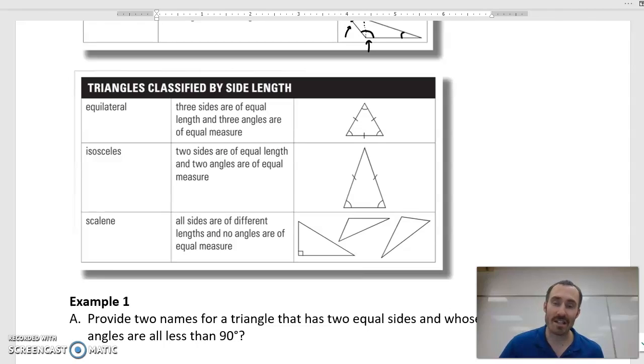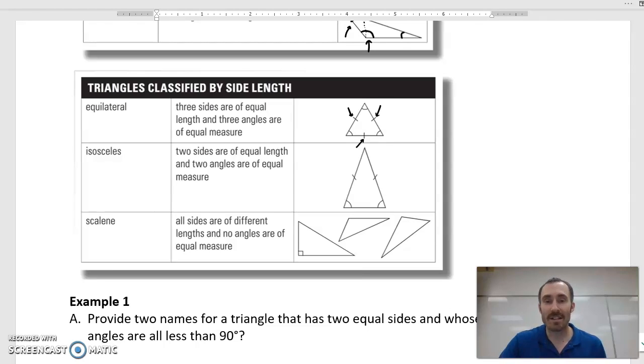We can also classify triangles by side length. So the first one was classifying triangles by the type of angles they have. The second part is classifying them by side length. So the first type of triangle is kind of your most classic triangle, three equal sides. That's called an equilateral triangle. And you can tell they're three equal sides because of these little tick marks over here, each of the sides has a tick mark on it.